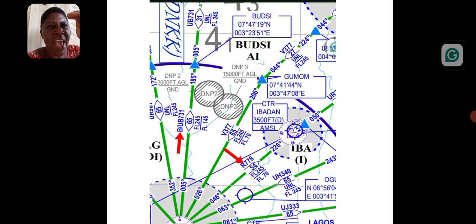So the aerodrome uses the alphanumeric mostly for labeling or mapping of fixtures on the chart. Okay, so these are the few examples you have to note in this video.